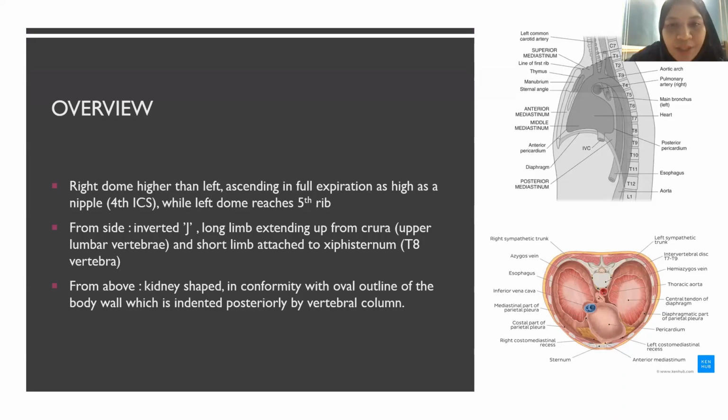As you can see here, it is an inverted J if you see it from the lateral, and if you see it from above, it's like a kidney shape, in conformity with the oval outline of the body wall, which is indented posteriorly by the vertebral column here.